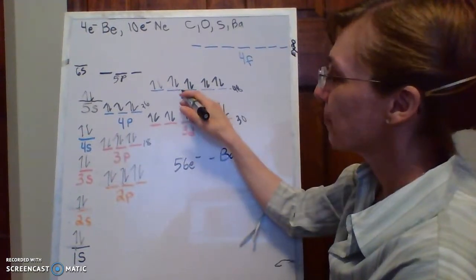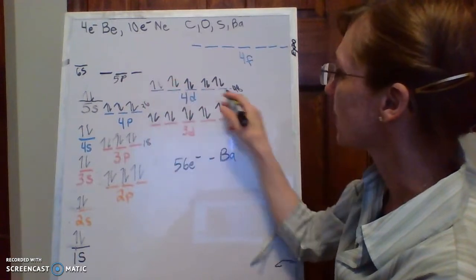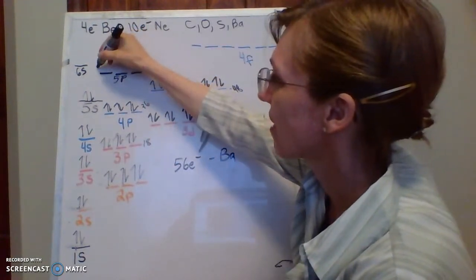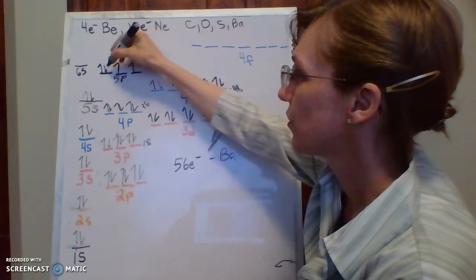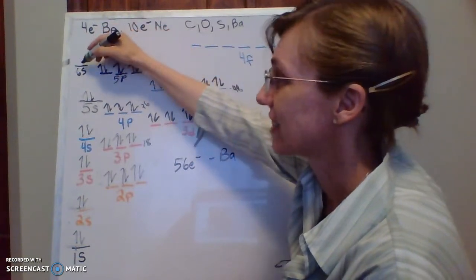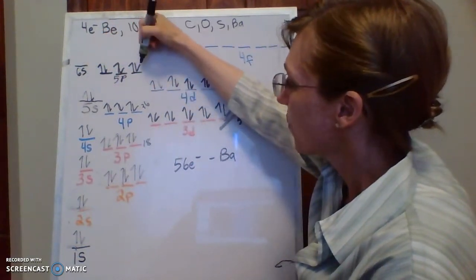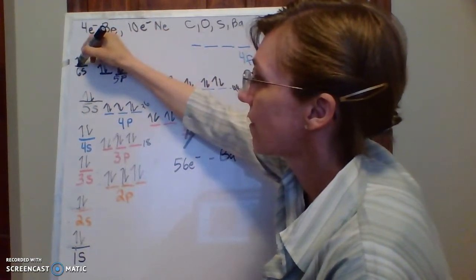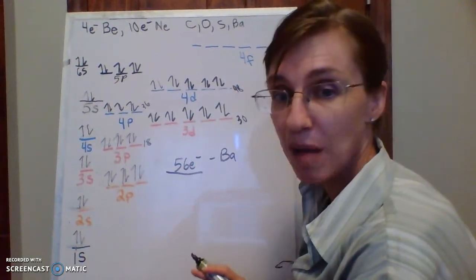So let's keep going. The next energy level up are the 5p's. So we're going to fill those in. We're at 48. Let's keep counting. 49, 50, 51, 52, 53, 54. Next energy level up are the 6s's. So we were at 54, 55, 56. 56 is where we stop.